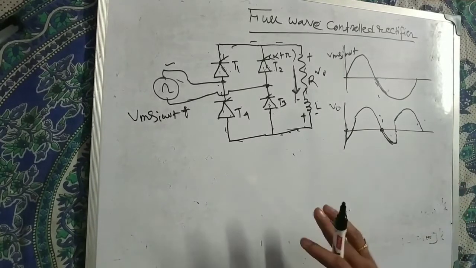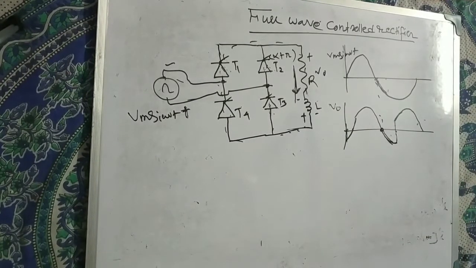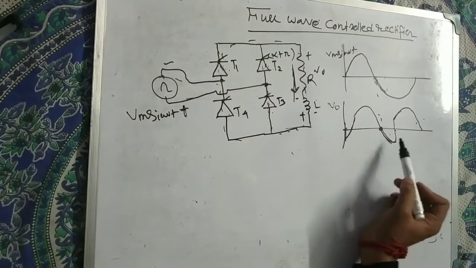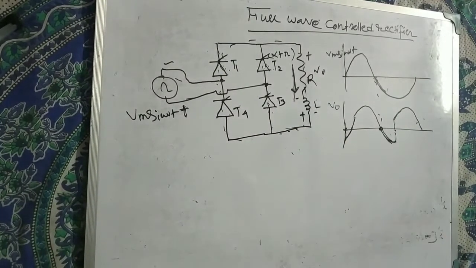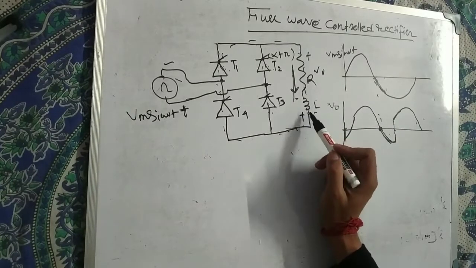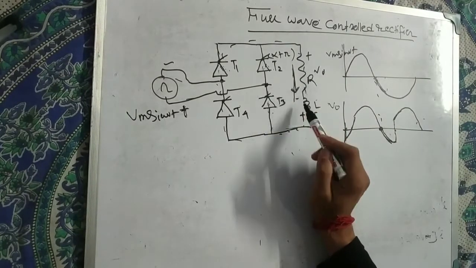Many students have a confusion that the thyristor is giving negative voltage. How does it happen? It happens because the inductor has a special quality of maintaining constant current.